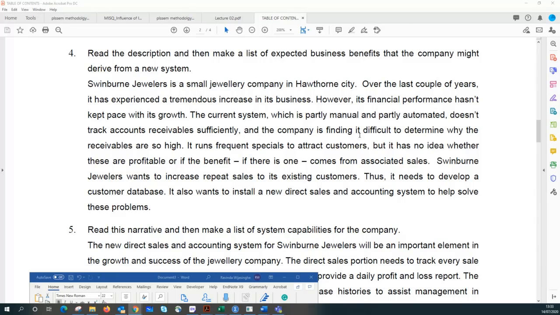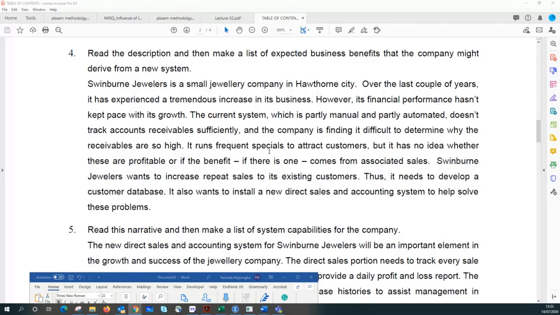Sufficient, and the company is finding it difficult to determine why the receivables are so high, right? So they don't have the capacity to analyze their credit clients in more detail, because they don't have that kind of sophisticated system.